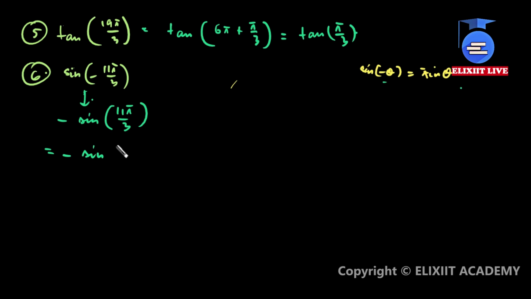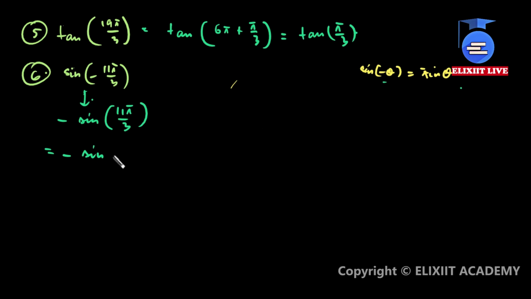To convert this with the help of the x-axis, the no change axis, you can think of it this way. Multiples of pi minus theta or plus theta. Suppose I take 4 pi, which is 4 into 180, minus pi by 3.